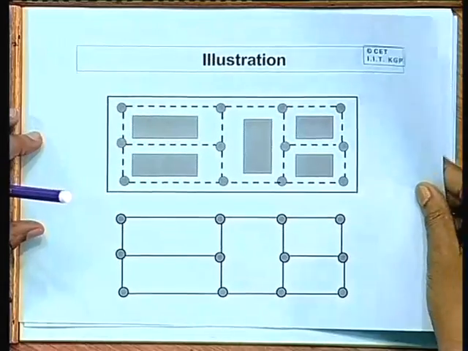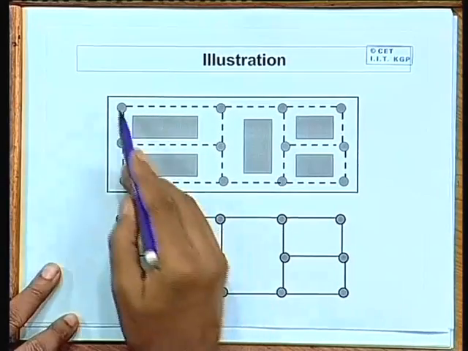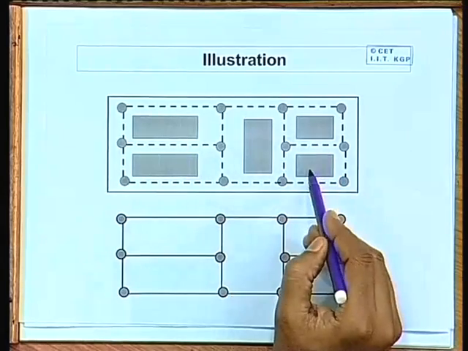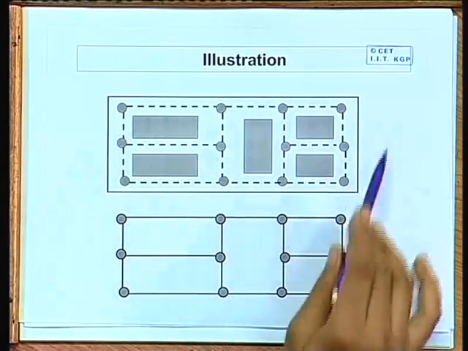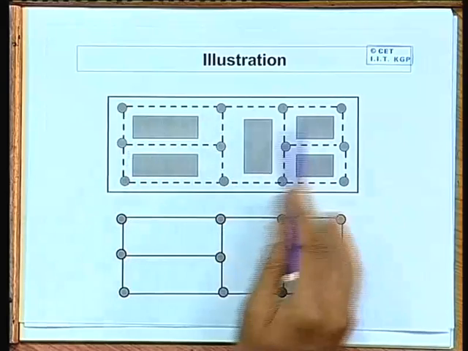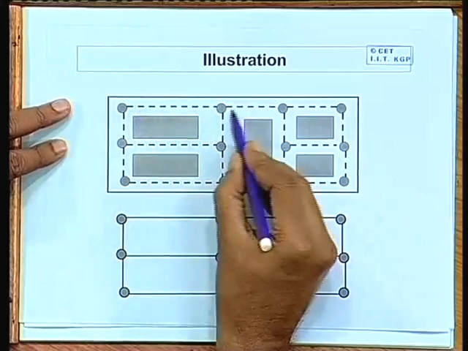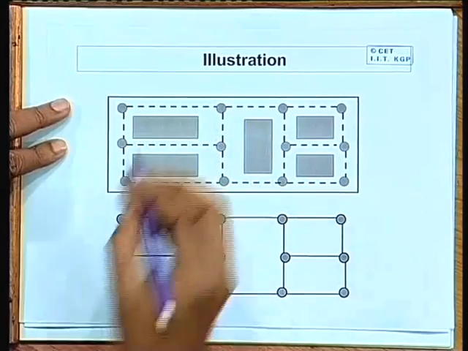Just an illustration to show. In the diagram on the top, we have shown some obstacles, and on the same diagram I have superimposed the graph. I have also shown this graph separately down below. See, these dotted lines are the channels.